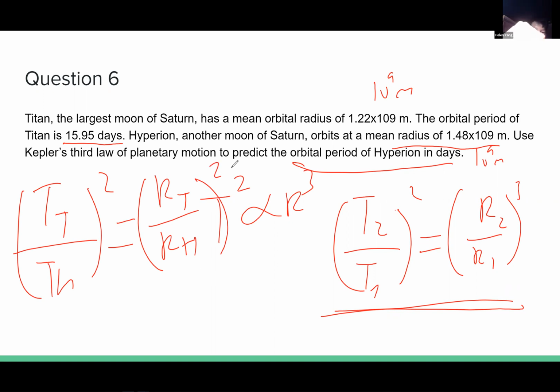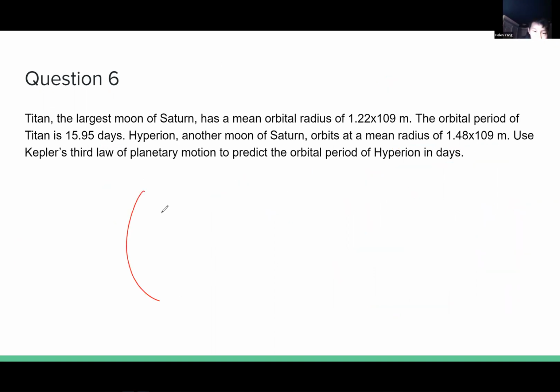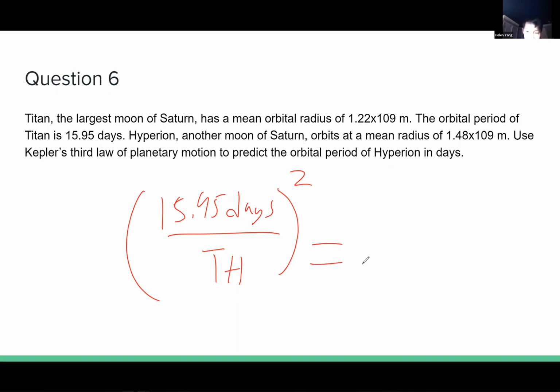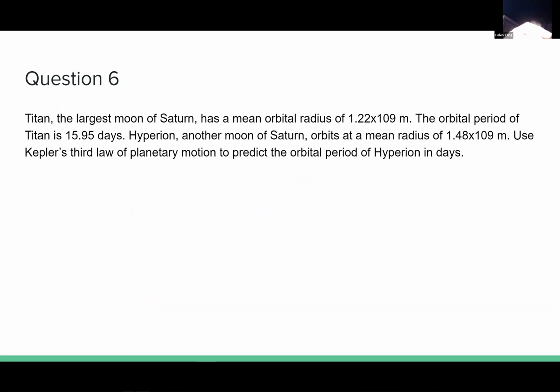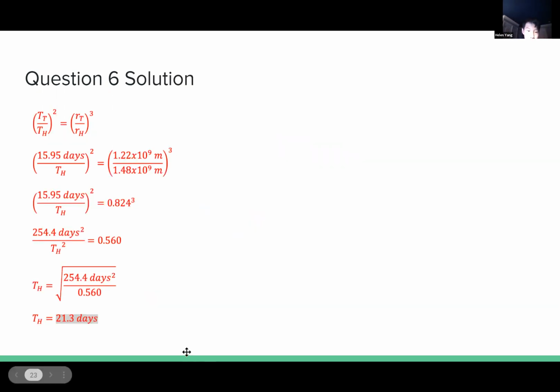So it would be 15.95 days divided by T Hyperion, squared, is equal to 1.22 times 10 to the power of 9 divided by 1.48 times 10 to the power of 9 meters, and this is cubed. So we can just do the math and find the orbital period for Hyperion in this solution.